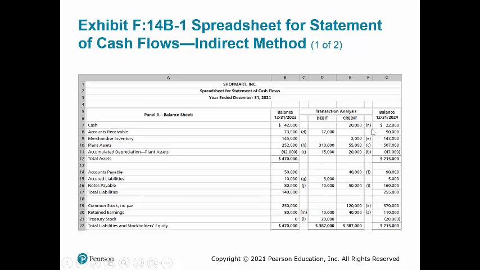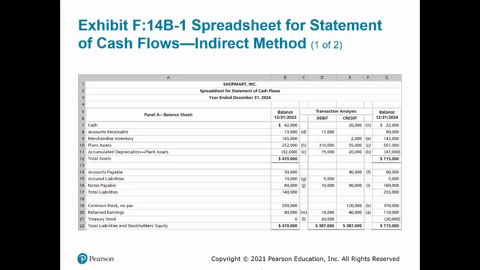Then you have a letter beside each one of the amounts. These letters are going to correspond to an item in the bottom part of the spreadsheet where you will have the information to complete the statement of cash flows.